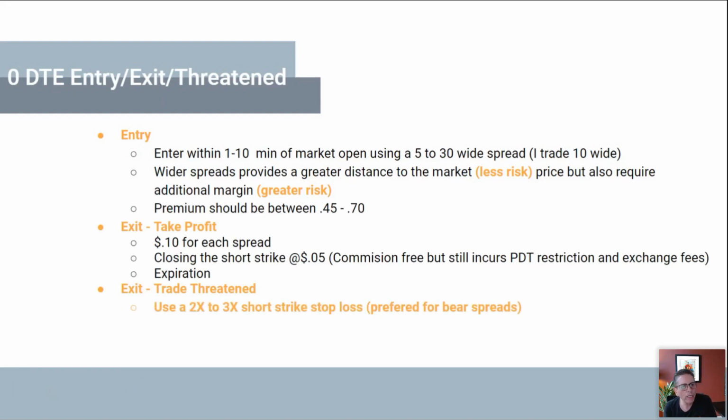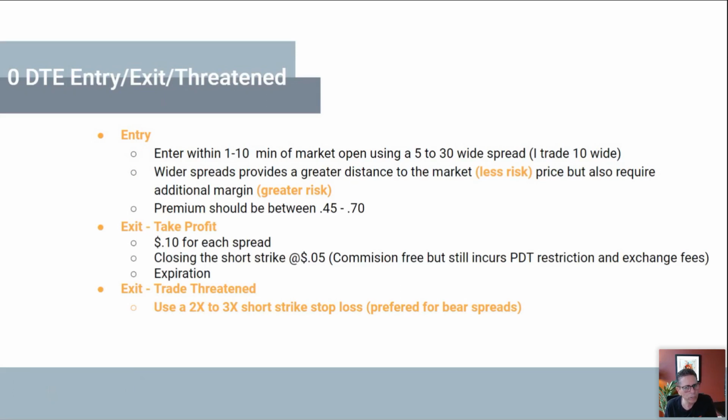When a trade is threatened, I would recommend using a 2x or 3x short strike stop loss. That's preferred for bear spreads. I don't roll bear spreads anymore because you can really get into a lot of problems with rolling bear spreads, because typically the market goes up, and as the market's going up, volatility is going down, so it's much harder to adjust those trades.